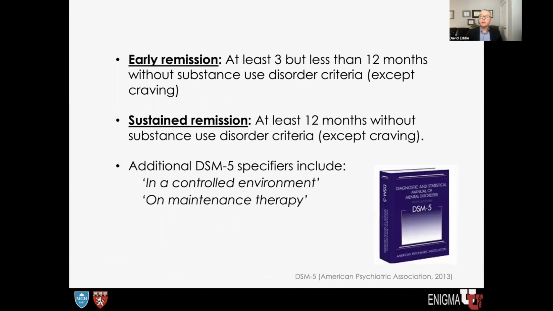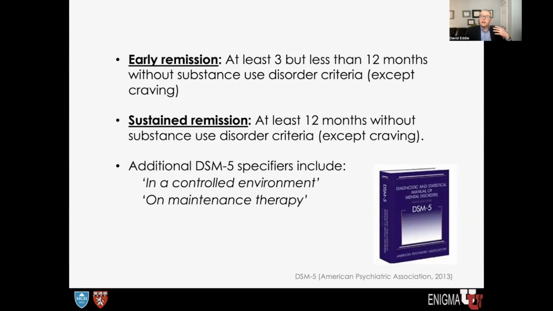Okay. Now, interestingly, once you have a diagnosis of substance use disorder, you never lose it. You keep it, you retain it for life. Now, of course, you need to have some kind of modifier so that you can code diagnostically somebody's recovery from substance use disorder.